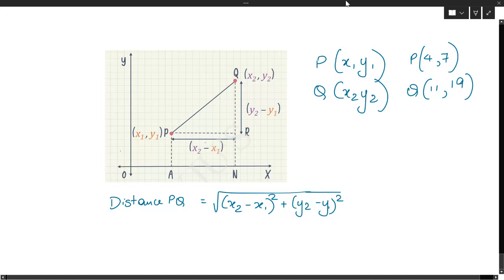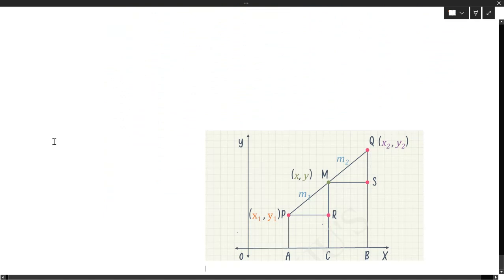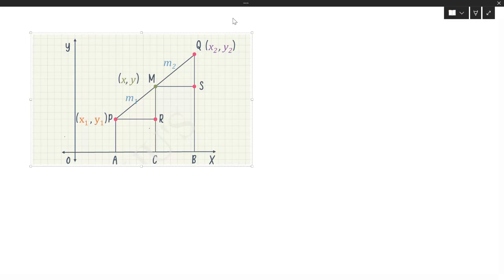Now let us understand the section formula. There is a midpoint M of this line. We have the x axis, y axis, and line PQ.